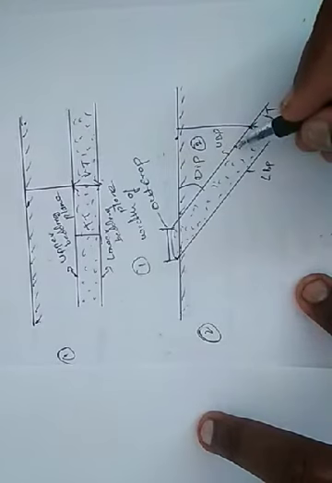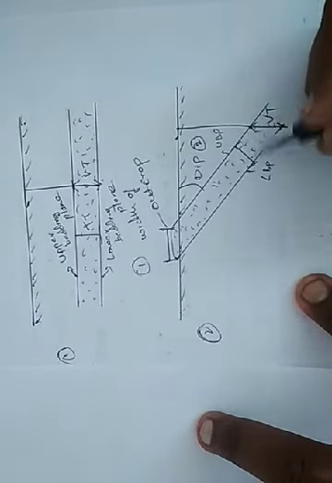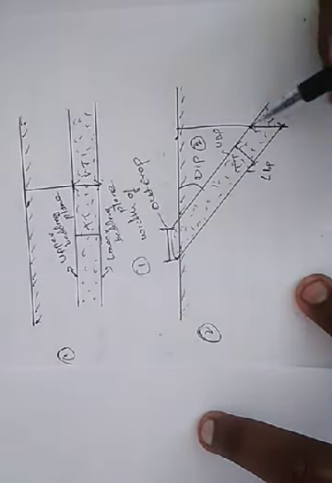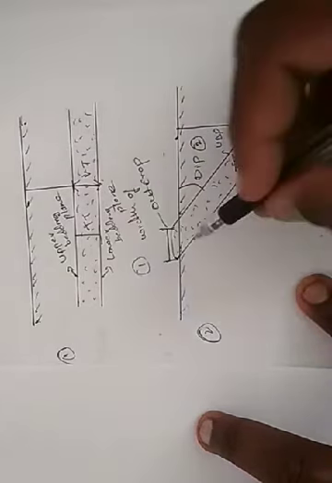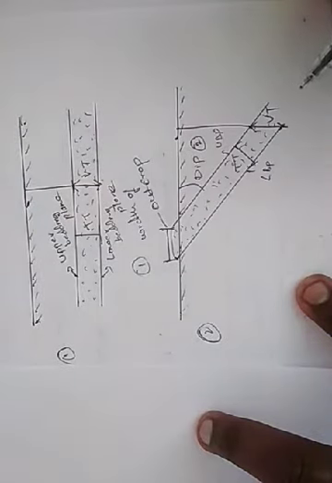Perpendicular to these bedding planes we get the true thickness. Here the true thickness is less than the vertical thickness because the bed is in an inclined position, so the vertical thickness will be increased.